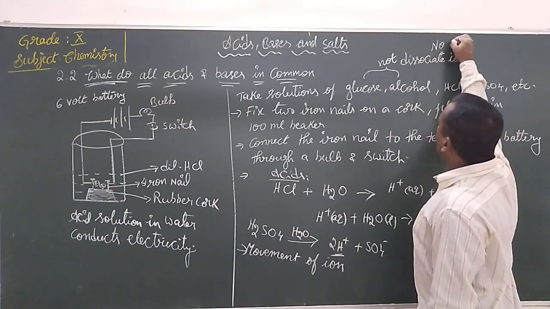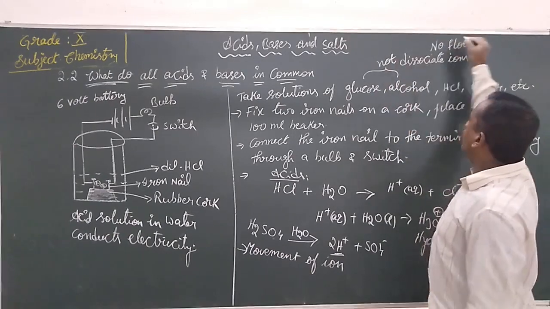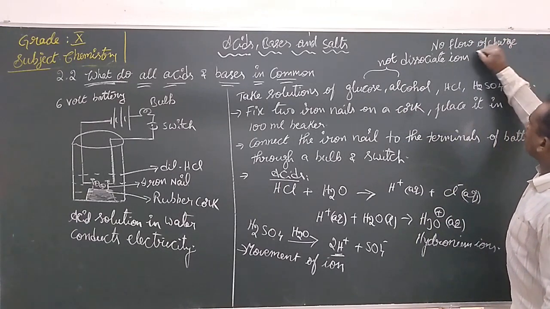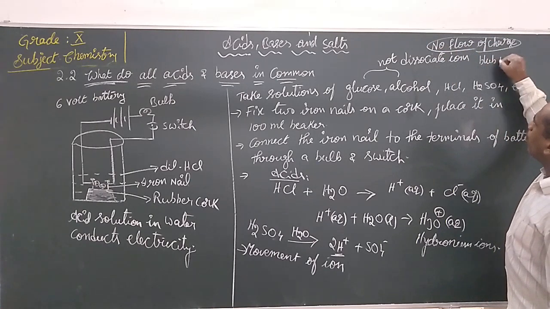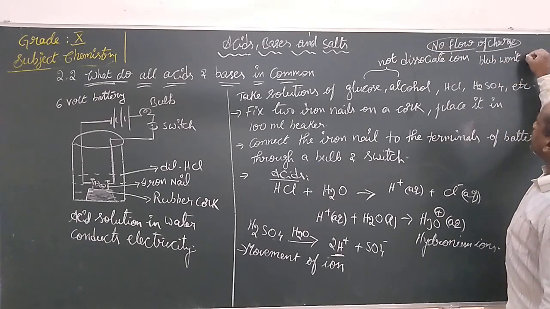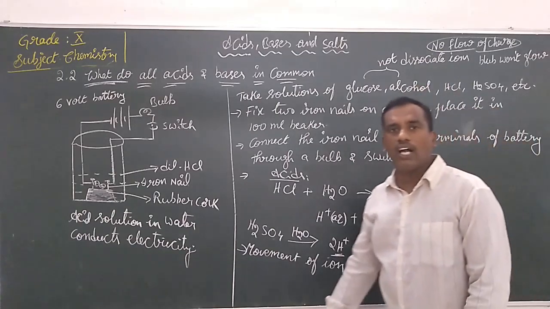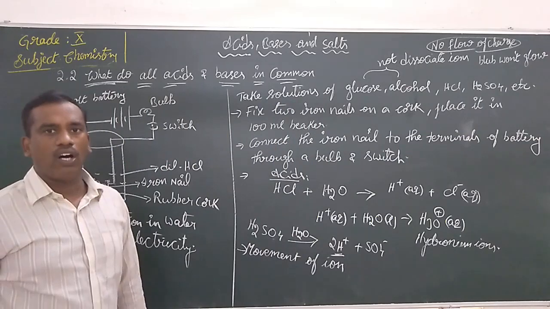The flow of charge does not take place. If there is no flow of charge, will the bulb glow? The bulb won't glow. Why is the bulb not glowing in the case of glucose and alcohol? Because they are not dissociated into ions.